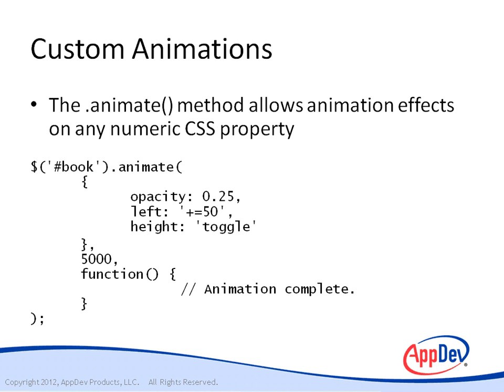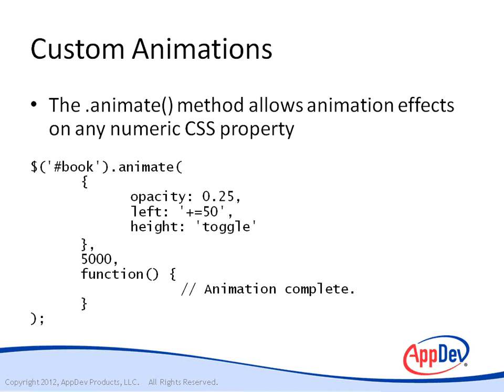So you'll see the opening curly brace, opacity, 0.25, so it's going to animate the opacity of that object to 0.25. It's going to animate the left property by 50 pixels, and it's going to animate the height property with a value of toggle. In other words, it's going to change the height from its smaller size to its larger size.